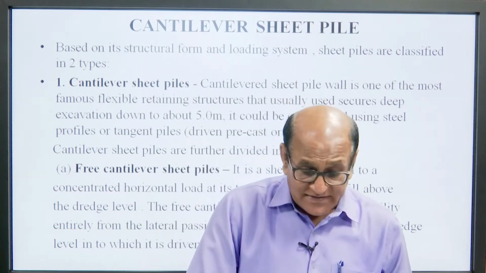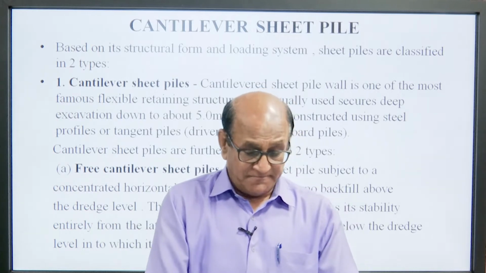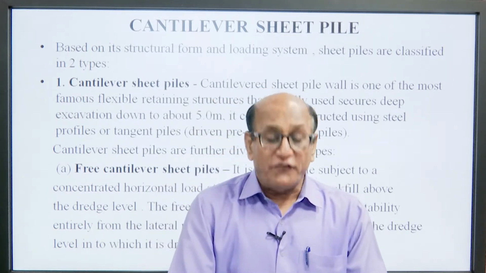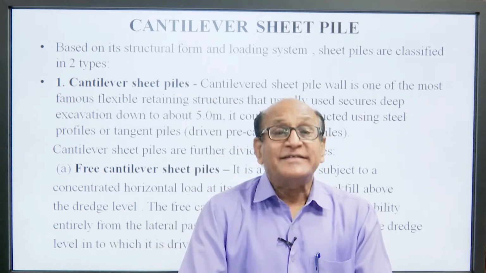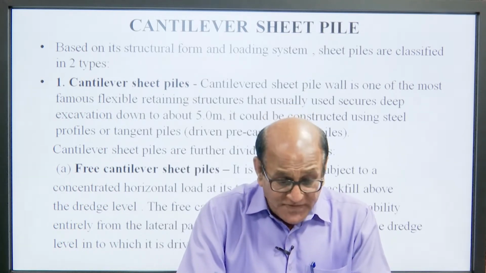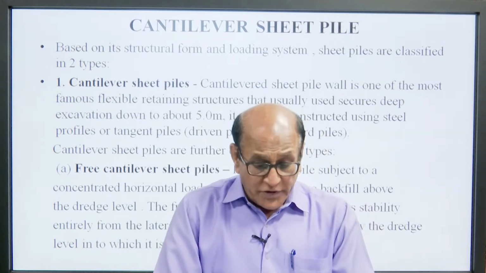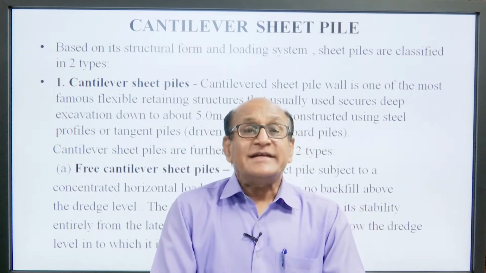Cantilever sheet piles are further divided into two parts. One is the free cantilever sheet pile. It is a sheet pile subject to a concentrated horizontal load at its top.